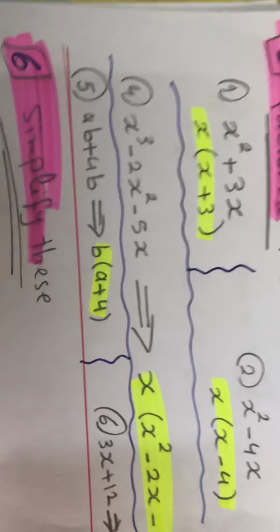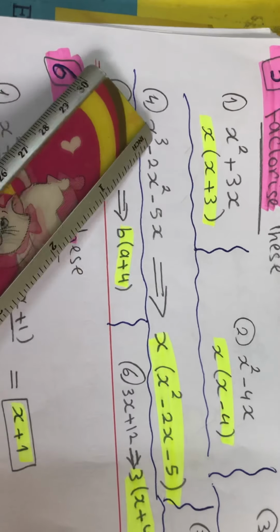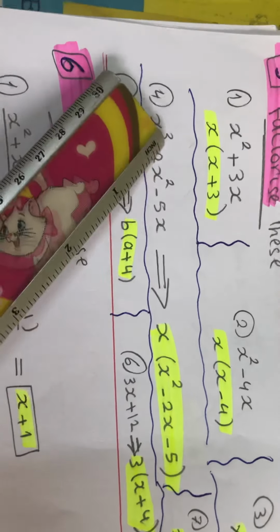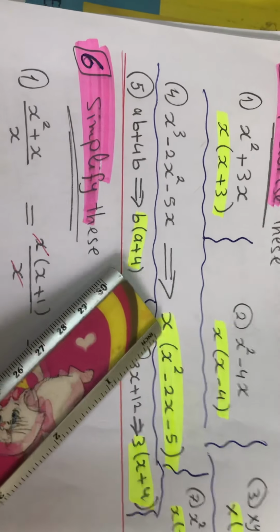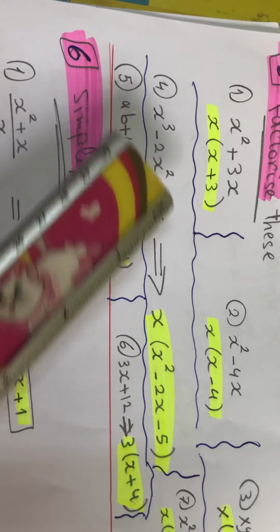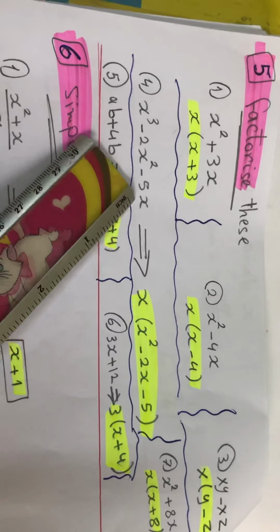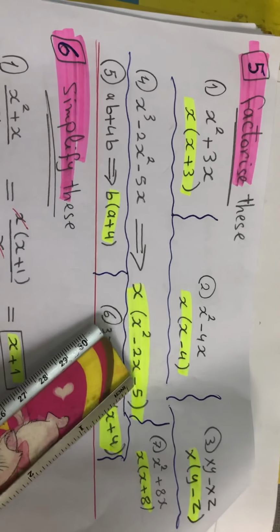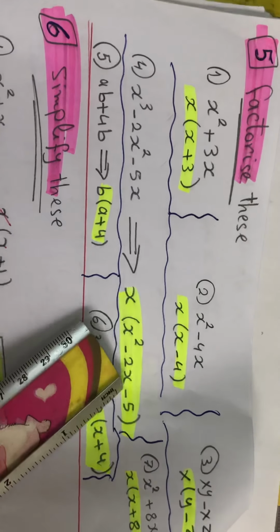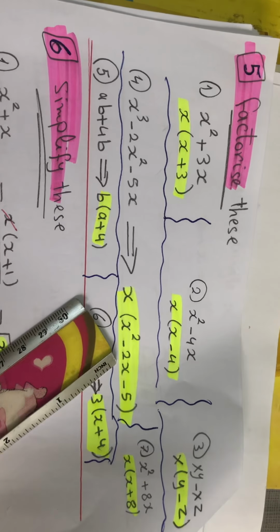Okay, so open brackets, x cubed divided by x equal 3 minus 1 equal x squared. Negative 2x squared divided by x, I'll cancel x with x, so what's left? Negative 2x. Important. Negative 5x divided by x, cancel x with x, give me 1, and what's left? Negative 5. I change it into factors, x multiply by brackets, so this is factorize.